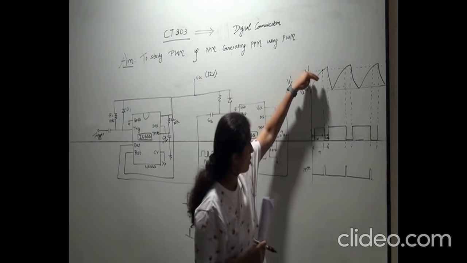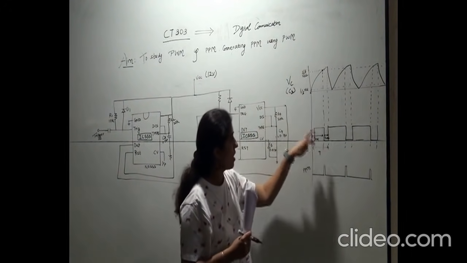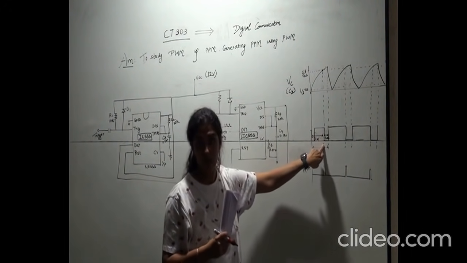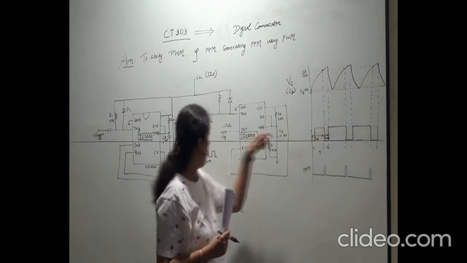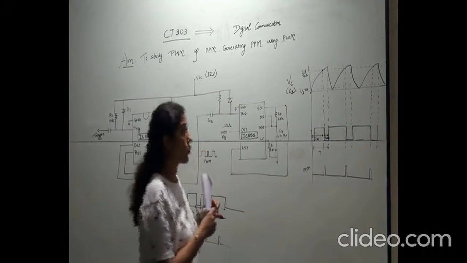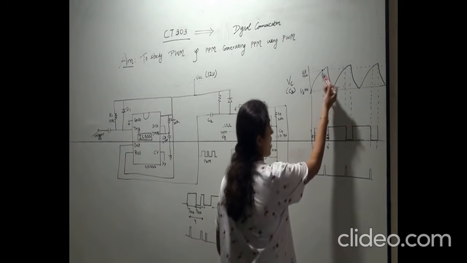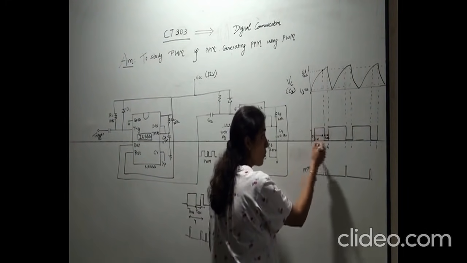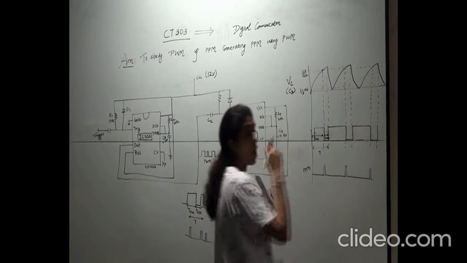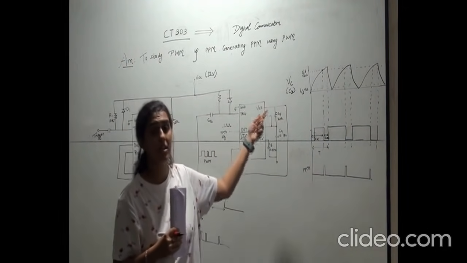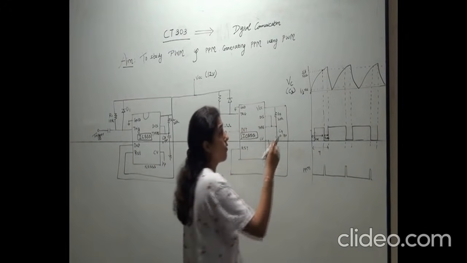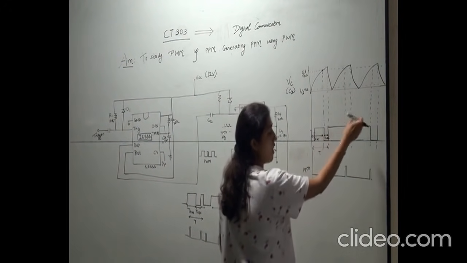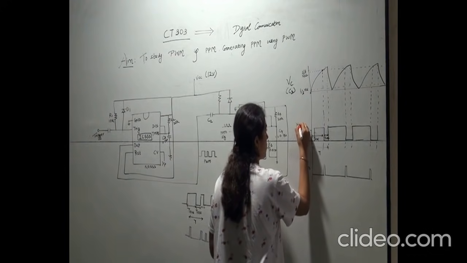As the 2/3 of the voltage is crossed, we get a low output voltage at the output of the astable multivibrator. So the charging and discharging of the capacitor determine the width of the output, and hence we get different widths at the output. So this is our PWM signal.